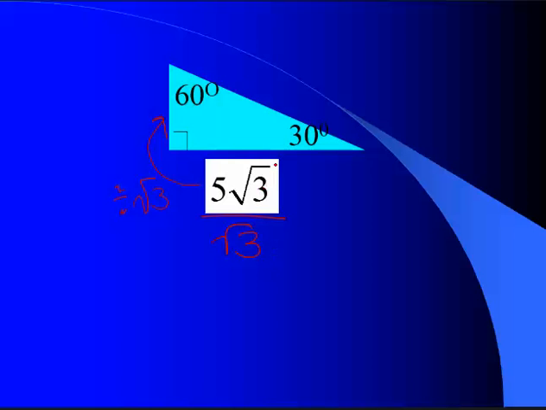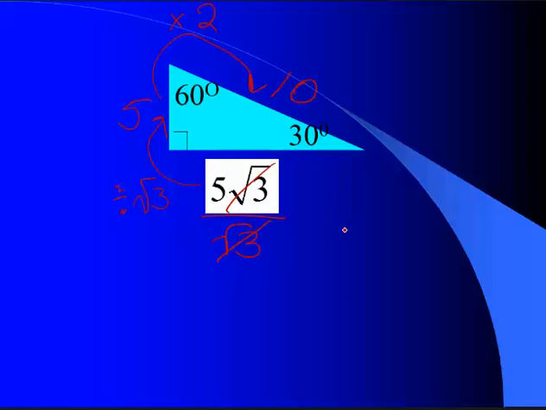Well, look, I have the same thing on top and on bottom. I can cancel those out, leaving me with just a 5. How do I go from short side to hypotenuse? Am I going longer or am I getting shorter? Getting longer, so I multiply by 2, which gives me 10.